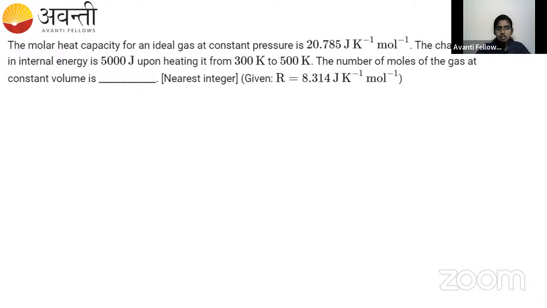The given values: molar heat capacity at constant pressure, Cp, is equal to 20.785 joule per Kelvin per mole.